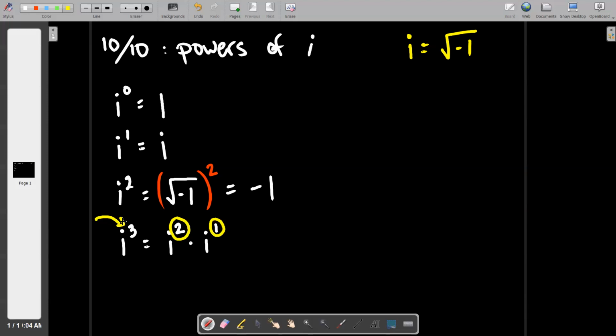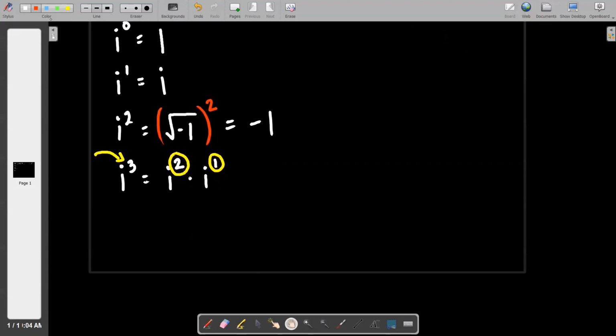I'm just choosing to do it that way because I already know the answers to these two things. For the first, i squared, what did we already figure out that i squared is? Yeah, we just learned that one. i squared is -1. And what do we know i to the first is? i. And what's -1 times i? It's just -i. Very good.